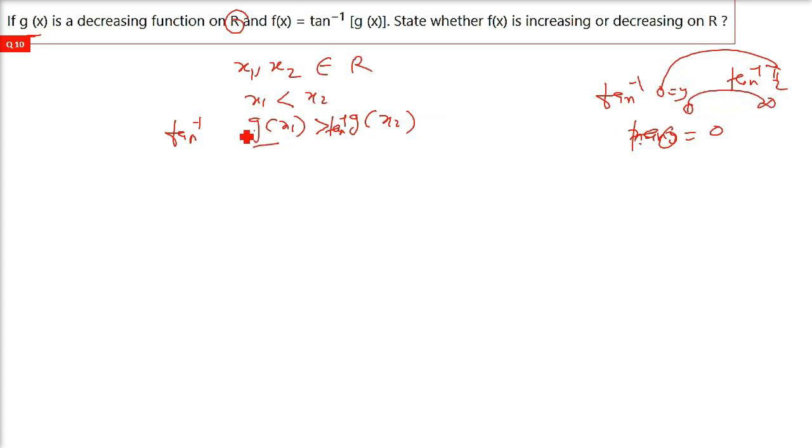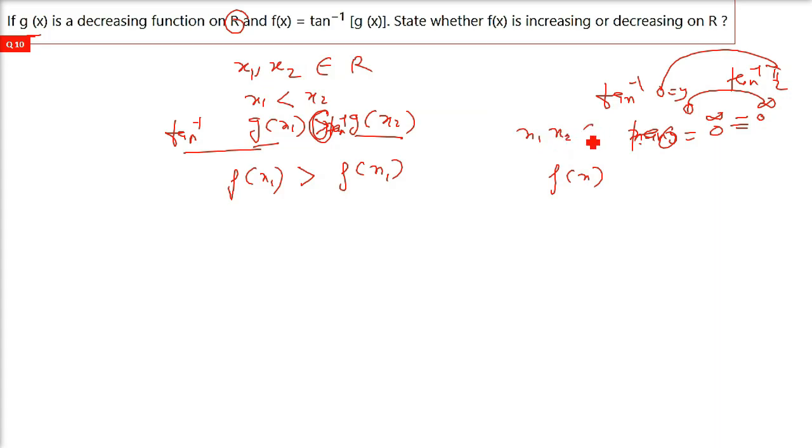So the sign is not changing: if x1 is less than x2, tan inverse x1 will be less than tan inverse x2, or if x1 is greater than x2, tan inverse x1 will be greater than tan inverse x2.